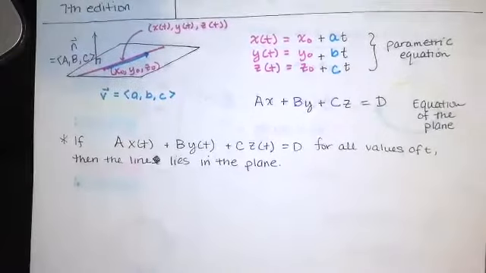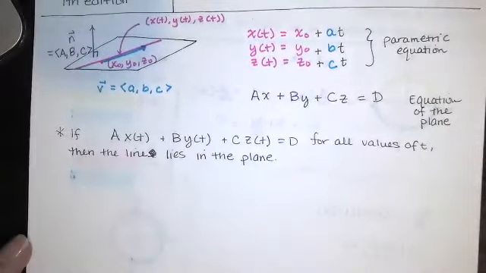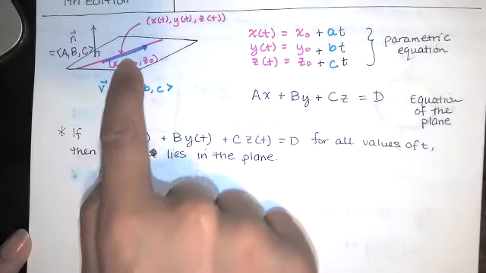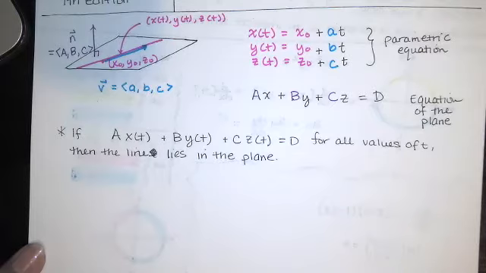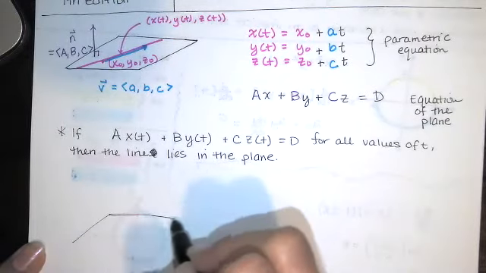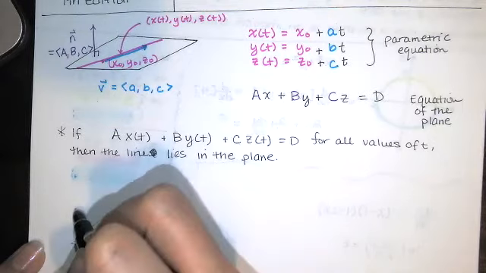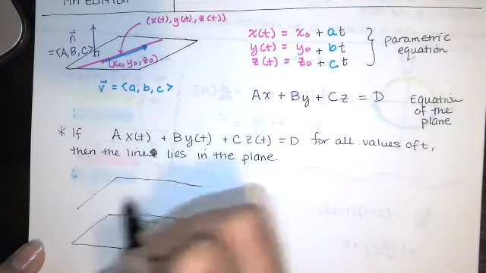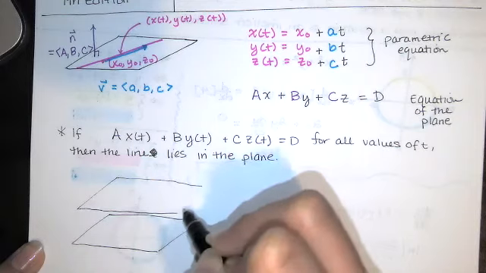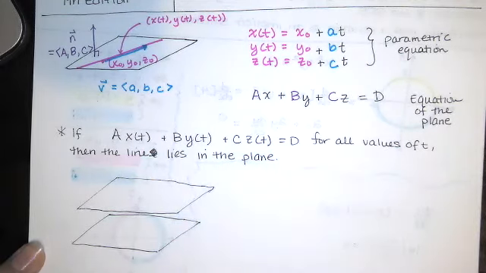Now another possibility when you're dealing with a plane and a line is that this line doesn't lie in the plane, but it lies in a parallel plane. So maybe our plane is down here. This is the plane that we're interested in. And then there's some other plane up here. It's parallel, so they have the same normal vector.